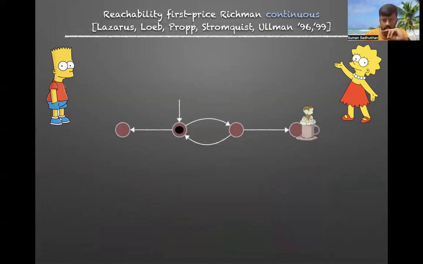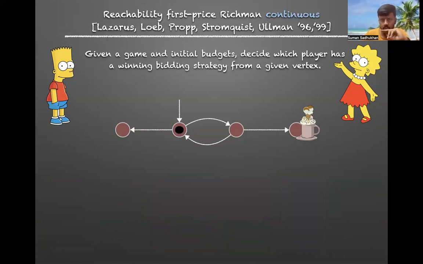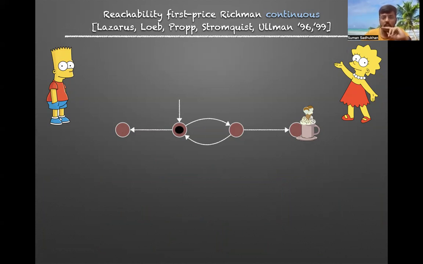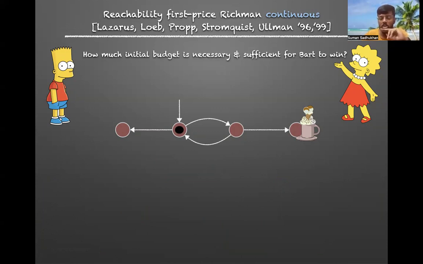So consider this an example of a game graph, where Bart has this target vertex, and the decision problem is what I mentioned before. We can pose the problem as: how much initial budget does Bart need to win this game, that is, to reach this vertex where there is an ice cream?